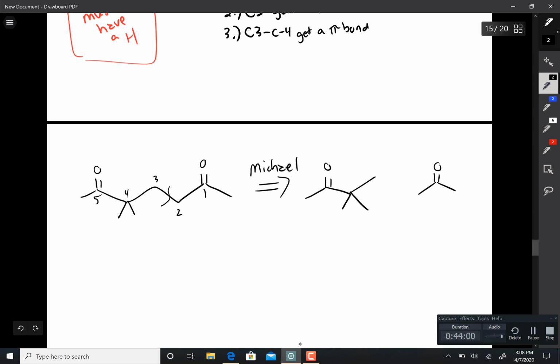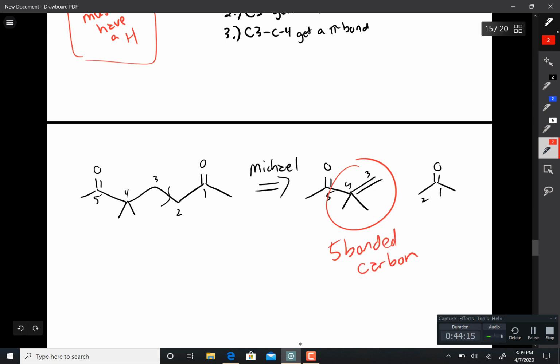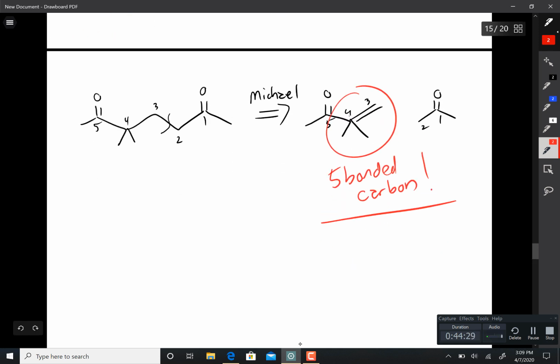Carbon 2 gets a hydrogen. 3, 4 gets a pi bond. And there's the issue. You end up with a five-bonded carbon. So you have to be careful on that. Okay, we'll go over the mechanism of this as well as the uses of this reaction on Friday.